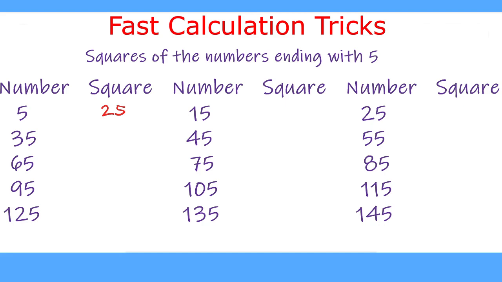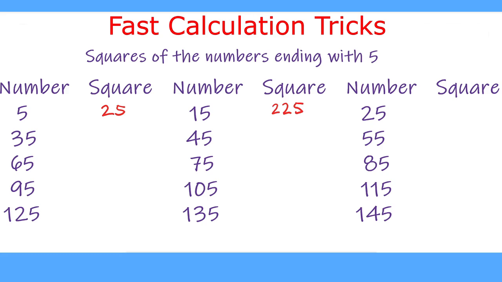Now in the number 15, the digit at tens place is 1 and 1 multiplied by its next higher number, which is 2, that is 1 multiplied by 2 is 2, and then we write 25. So square of 15 is 225.